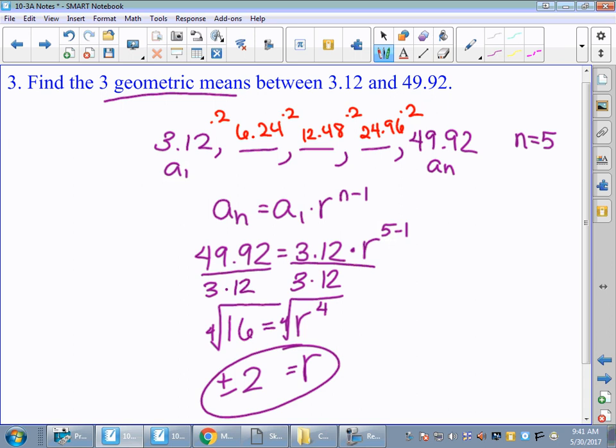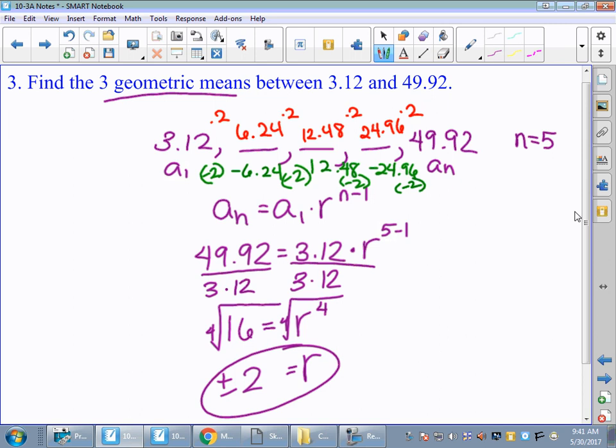But in addition to that, if I multiply by negative 2, I get a negative 6.24. And when I multiply that negative by another negative 2, I still get a positive 12.48. Times by a negative 2 makes a negative 24.96. And then when I multiply that by negative 2, it works out to be a positive 49.92.